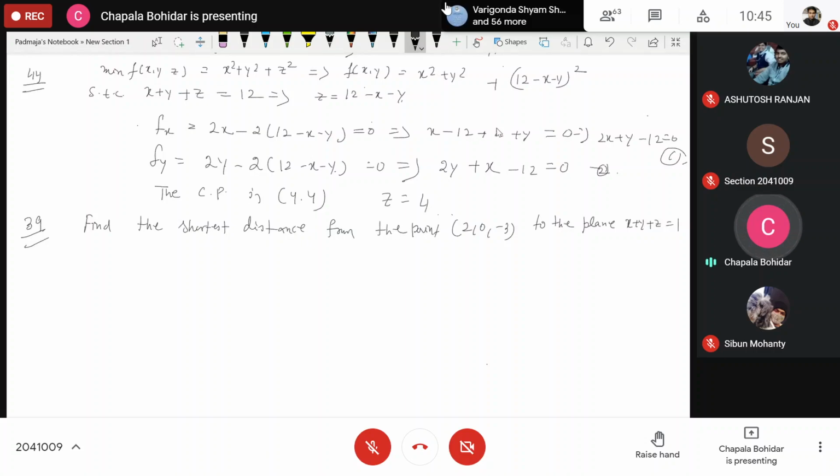What is the constraint given here? x plus y plus z is equal to 1. Yes. What do you want to find out? The shortest distance. So let the point (x, y, z) be on the plane.